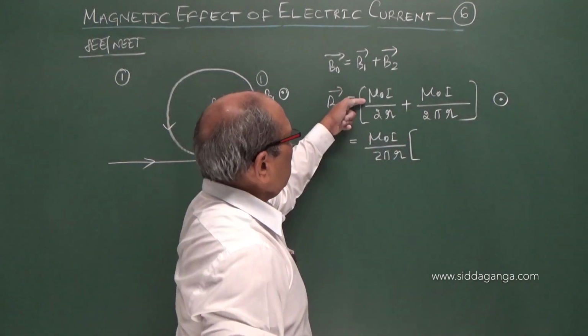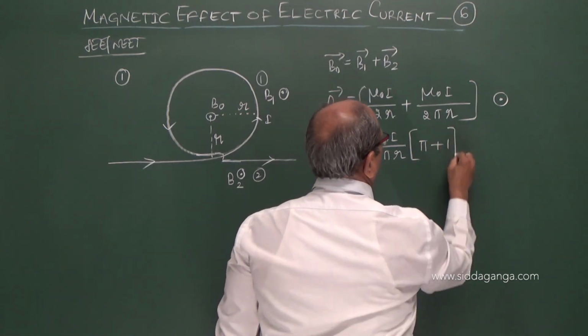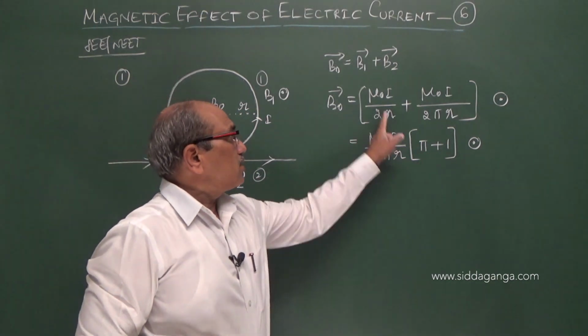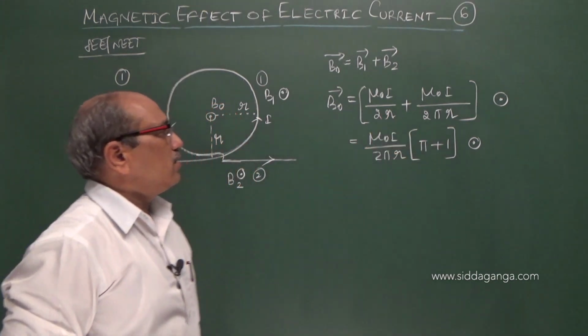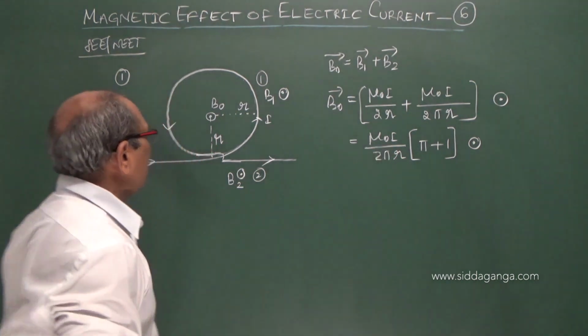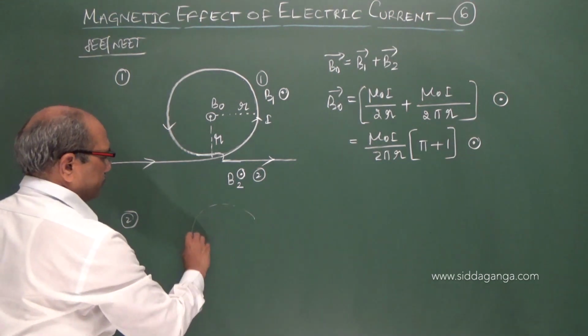This becomes pi plus 1, outward. If you take inside, mu naught I by 2R becomes mu naught I by 2 pi R times pi. Field is outward.